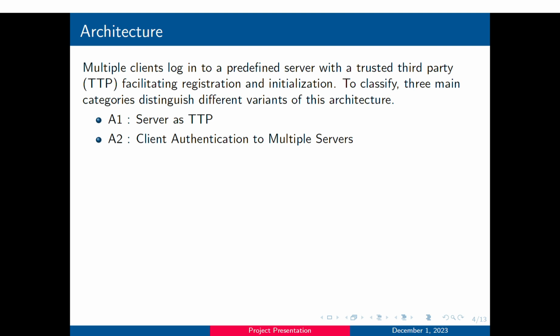In the second one, this variant allows the client to authenticate to multiple servers. The discussion is limited to schemes that enable the process without the active involvement of the TTP during key agreement.